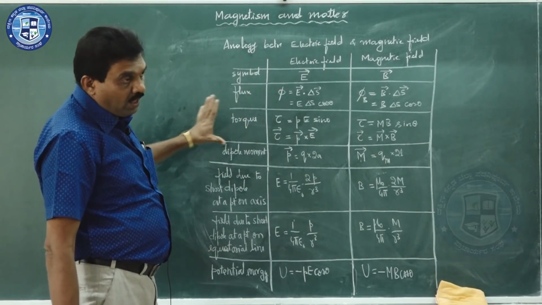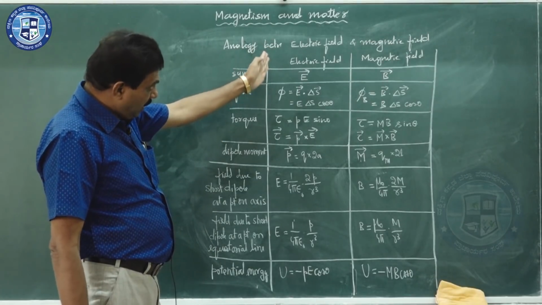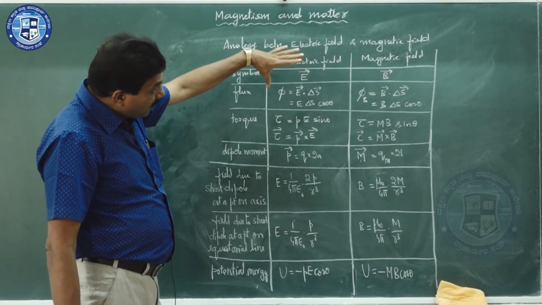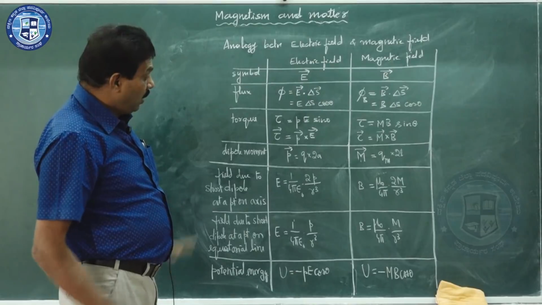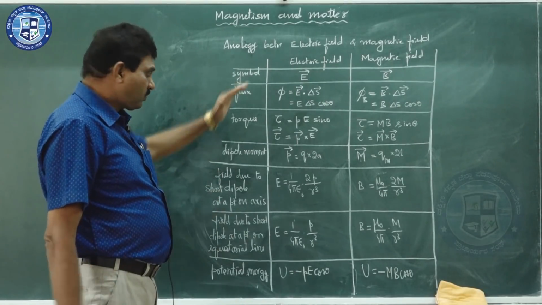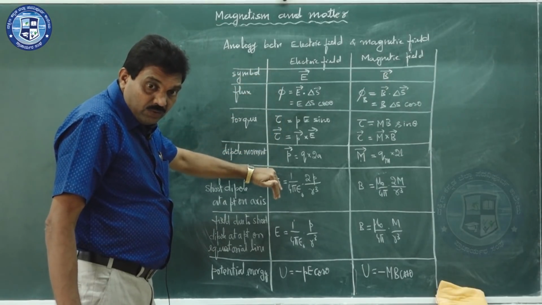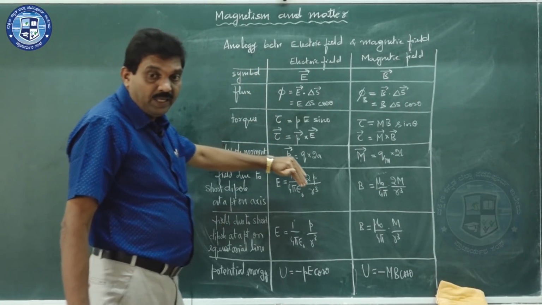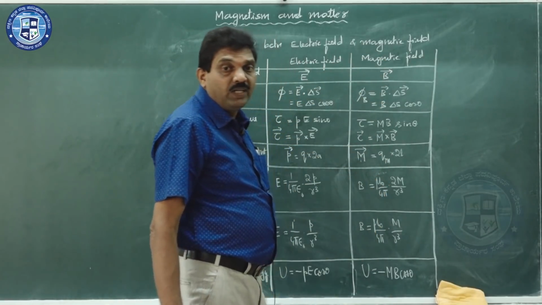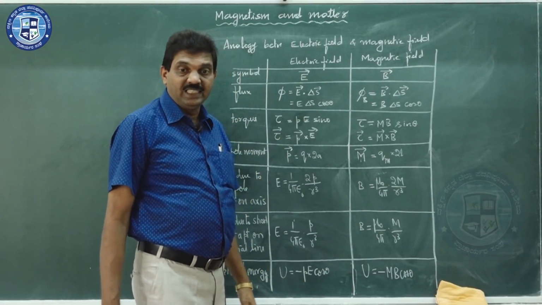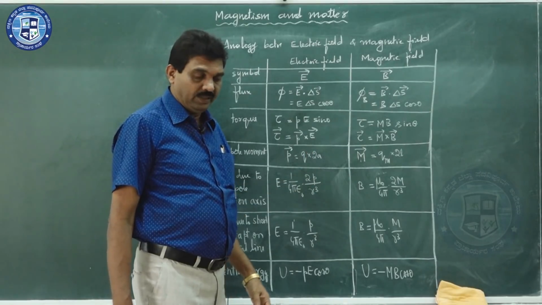The relations are very similar, electric field and magnetic fields both give you similar relations. So, how to remember them? You just study the relations in the electric field first. These relations can slowly be converted into the magnetic field relations, so that it is very easy to learn and it gives you more confidence while learning.